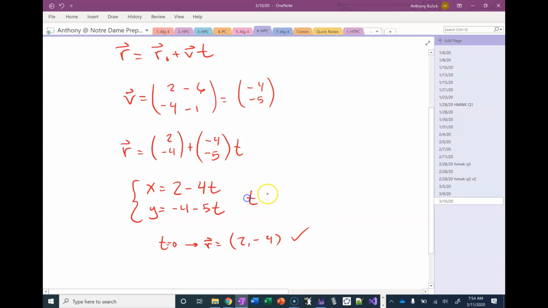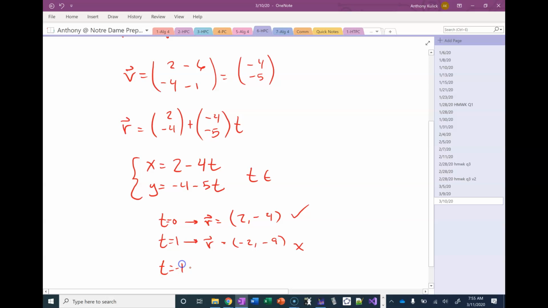So I know that my interval is going to include that point 0, either the start or the end. I'm not sure which. So then I'm going to check t equals 1. When I do that, r would give me -2, -9. This is not the other endpoint.